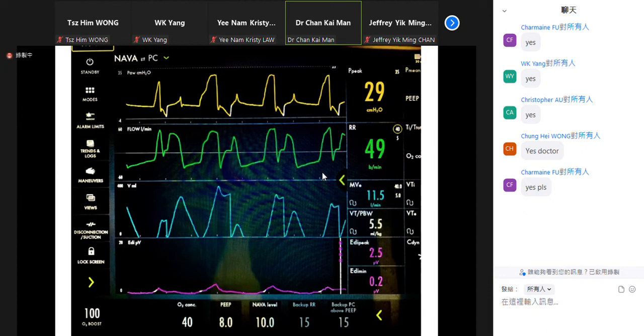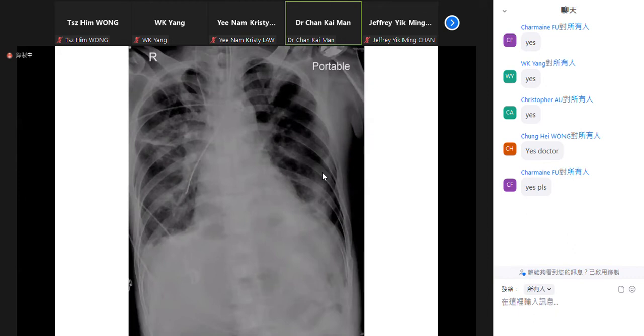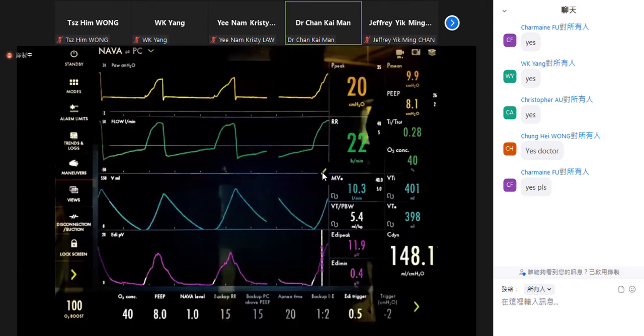So we took an X-ray and found that the catheter is in the bronchial position, and that explains the poor waveform. And when we repositioned it, we obtained very good EDI signals, accompanied by a good rise in pressure, and then a drop in the EDI with a drop in pressures.